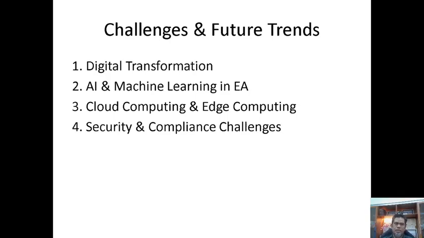The main challenge to implement digital transformation in a certain organization is people. People may refuse to change. They are very comfortable with their current way of doing the work. Another one is AI and machine learning in EA.